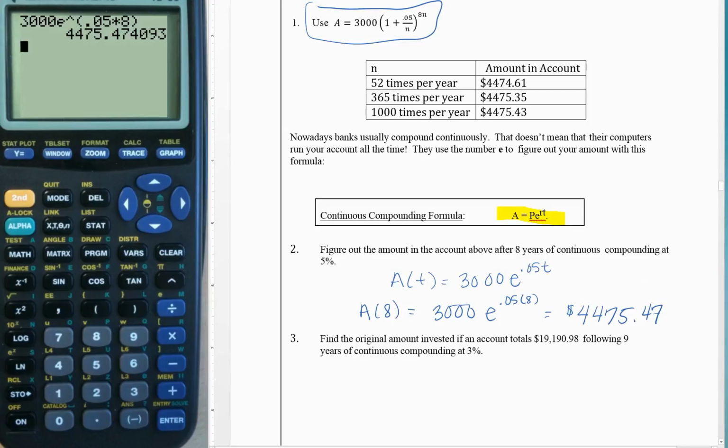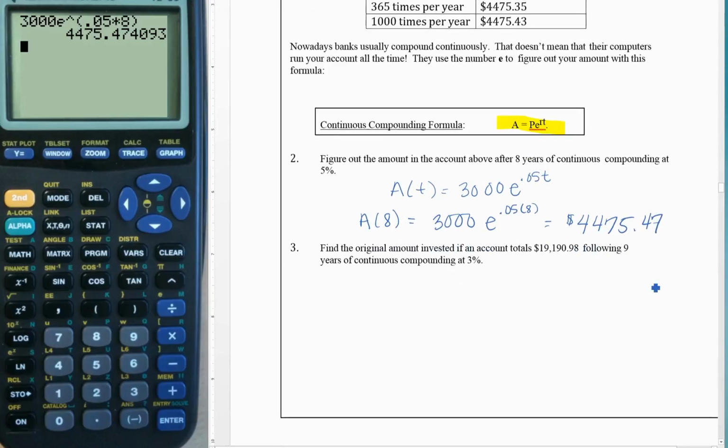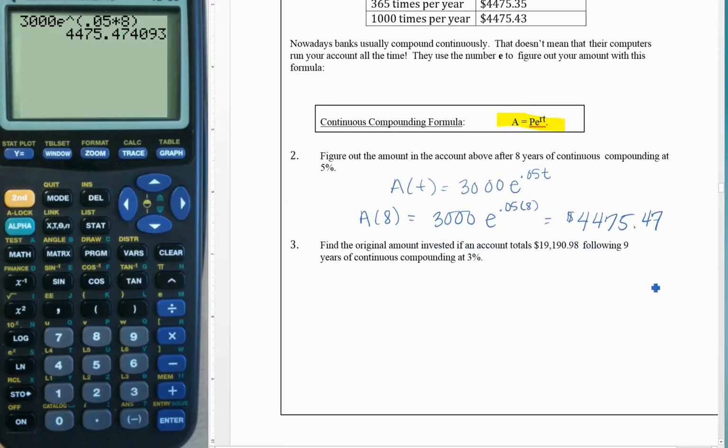Okay, so 3 says find the original amount invested if an account totals $19,190.98 following 9 years of continuous compounding at 3%. Okay, well let's first of all figure out what each part of this means. So we have this 19,190.98.